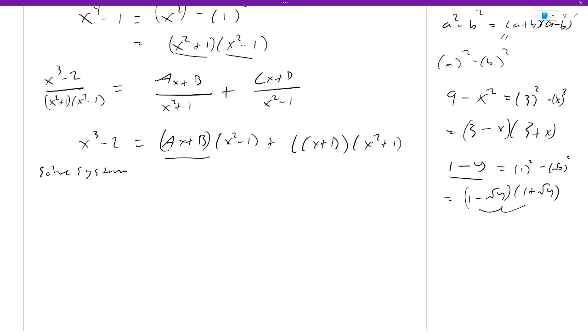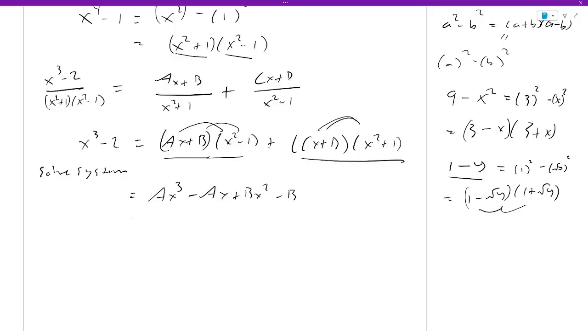We have to multiply everything out on the right-hand side to make it look like a polynomial. So let's see what this looks like. FOIL this. So we have ax cubed minus ax plus bx squared minus b. And then we'll do the same thing here.